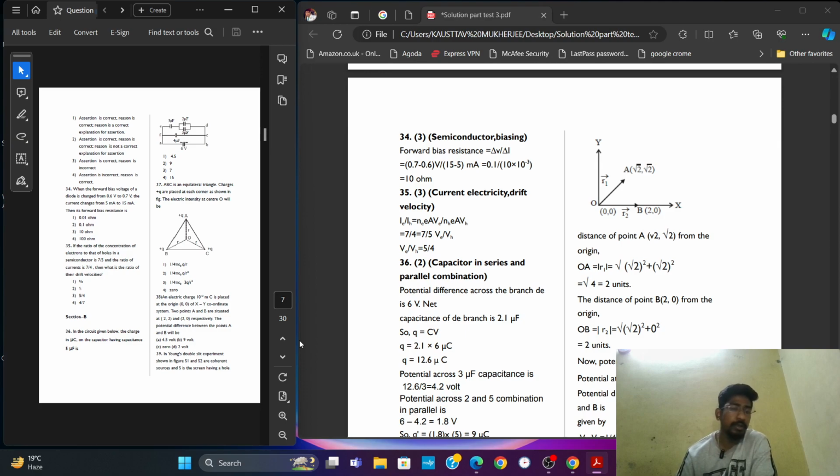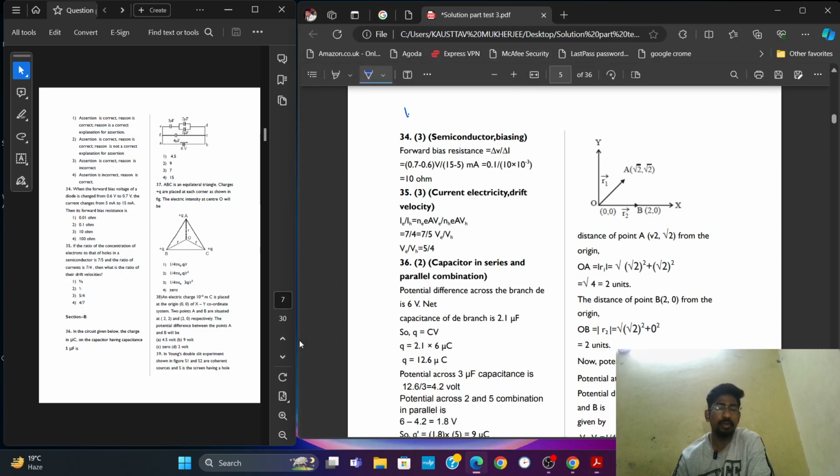When the forward bias voltage of a diode is changed from 0.6 to 0.7, the current changes from this. Then calculate the forward bias resistance like Ohm's law, V equals IR, right? R equals V by I, the change in V divided by the change in I, del I. So the change in V is 0.1 volt, and the change in current is 10 milliampere.